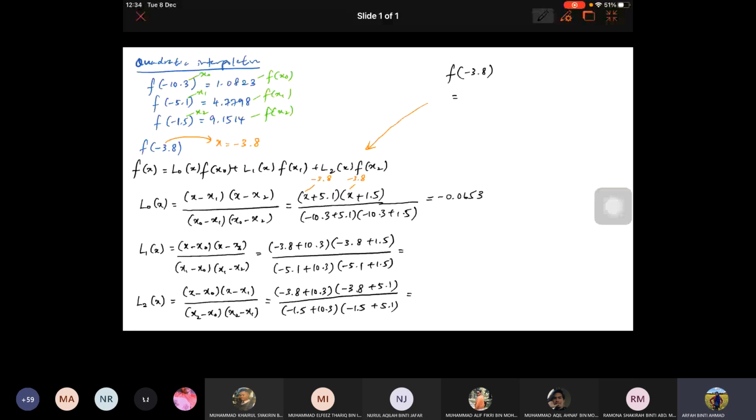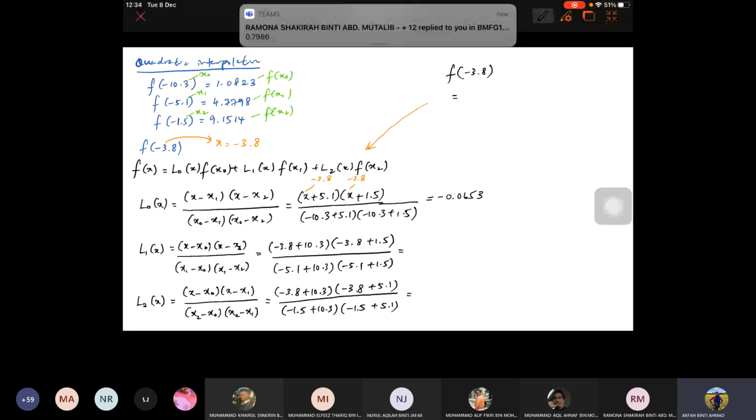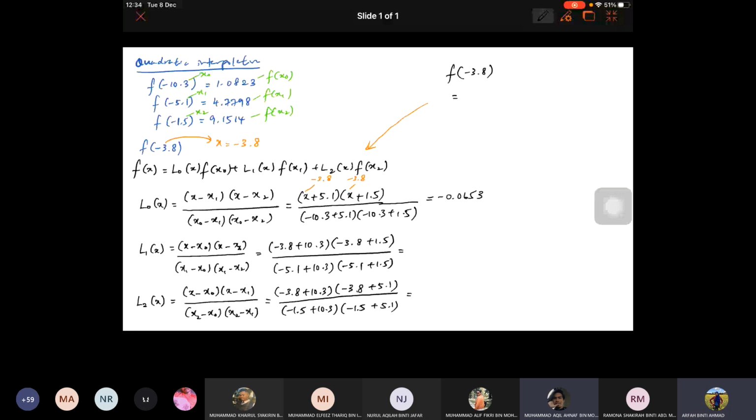L1X, anyone? 0.7986. Okey, yang lain dapat jawapan sama dengan Ramona or not? Sama dengan Ramona. Okey.